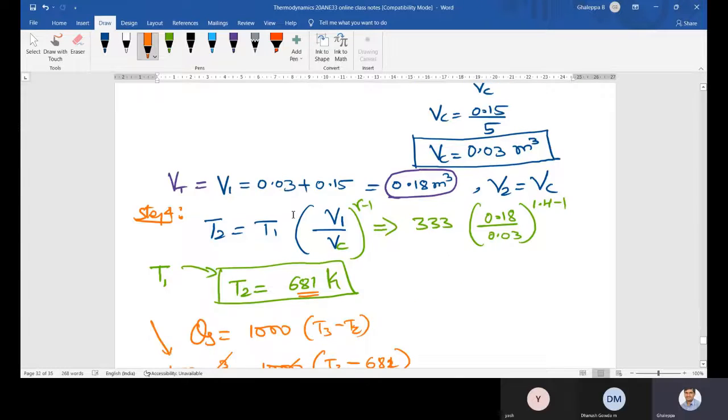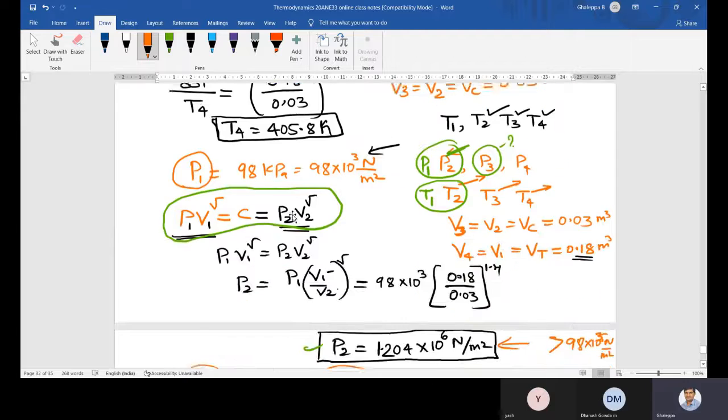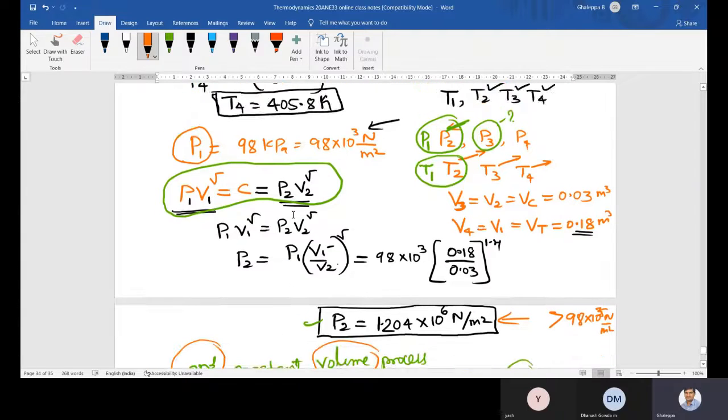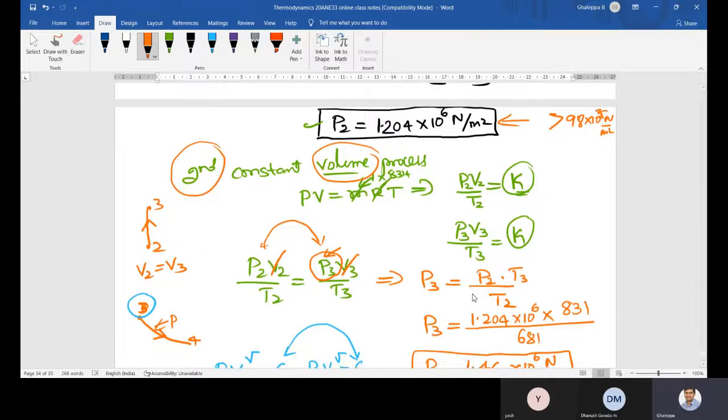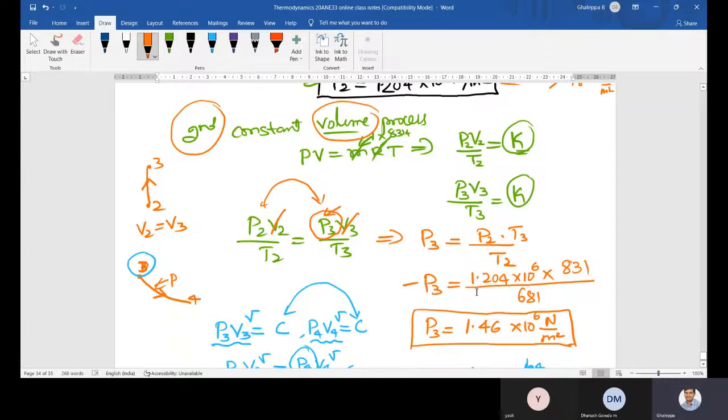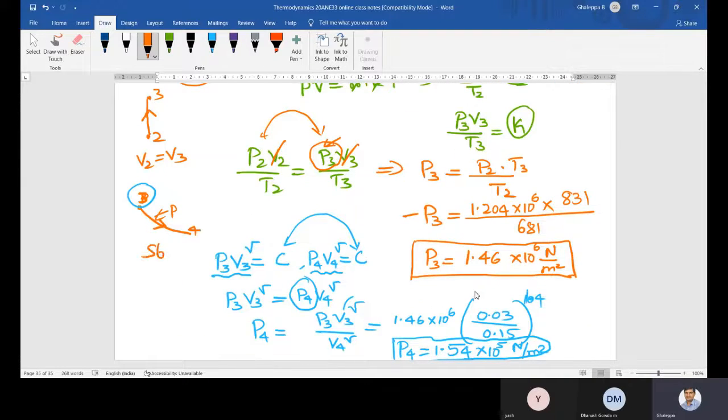Calculating temperatures you take as step number 4, and calculating pressures as step number 5. Here in step number 5, P1 and P2 you have calculated, and P3 you have also calculated. So last you take step number 6. Okay, so these are the calculations. Do you have any doubt? You can ask me.